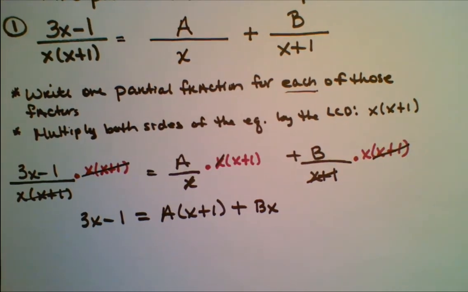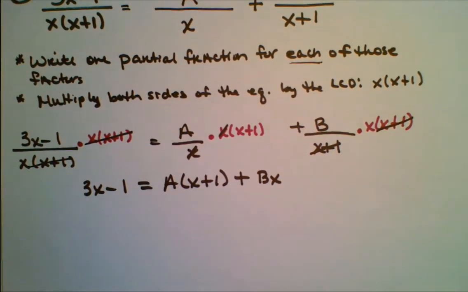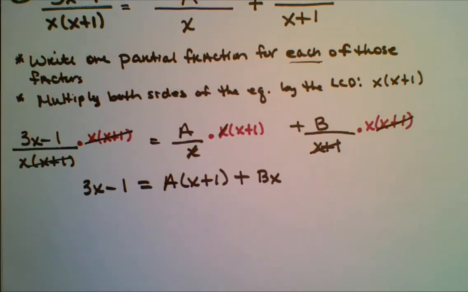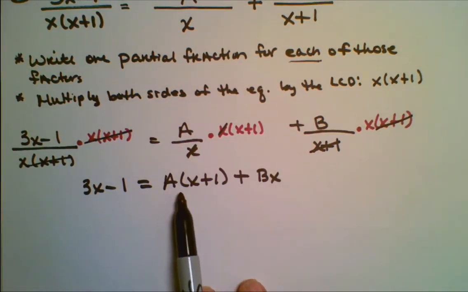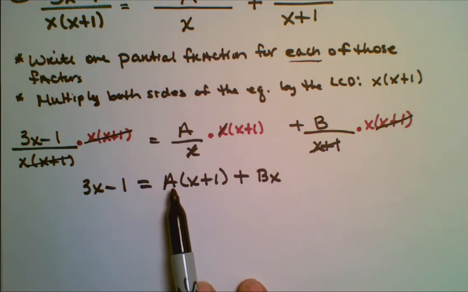Now, how are we going to find a and b? Well, there are two ways that we can work this out at this point. One way is substituting the roots or zeros into x and x plus 1. So what I mean here is, how could we cancel out this coefficient of a? That's my question to you.